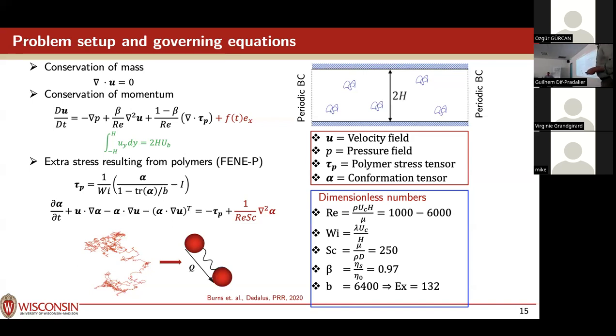We use a really beautiful open source code called Dedalus. It's a spectral code developed by some astrophysicists, a very flexible PDE solver using spectral methods, and I recommend looking into it.